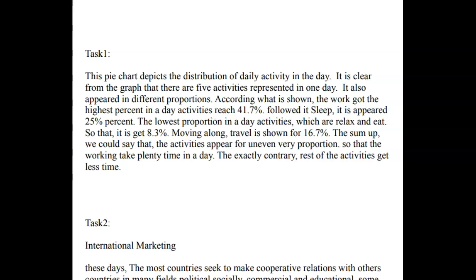Okay, so you can see that every sentence has mistakes. The grammar you have is really, really basic. And even that many times is wrong. We don't say "this travel is shown." We don't say "the sum up." So all of this is inaccurate. It really, really, really needs a lot of work. Okay, grammatically, in terms of vocabulary, in terms of everything.